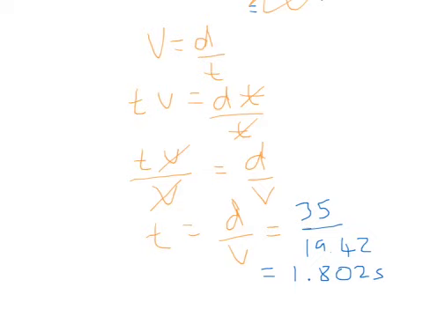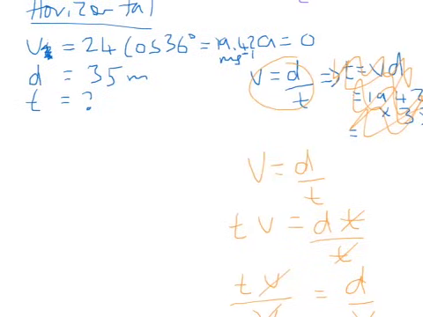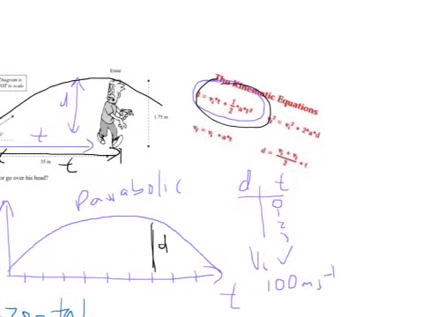Notice I'm sticking with 4 significant figures because later on when I go to round, I'm not going to have minor errors due to rounding at an early stage. So 1.802 seconds.